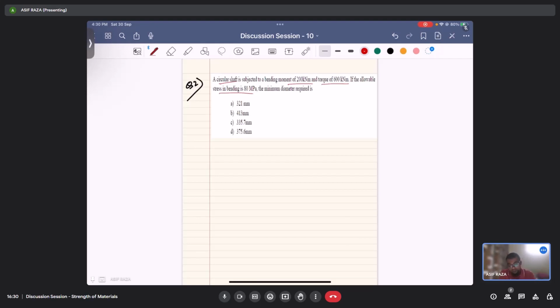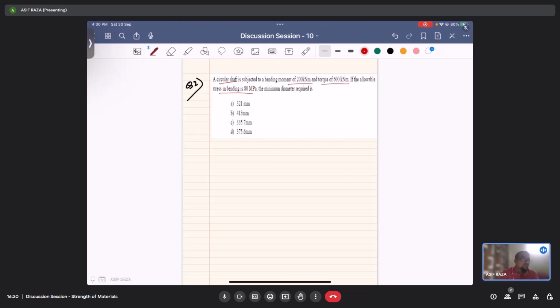So in this question, again there is a combined application of the bending moment as well as the torque, and it says the maximum bending stress allowed is 80 megapascal.